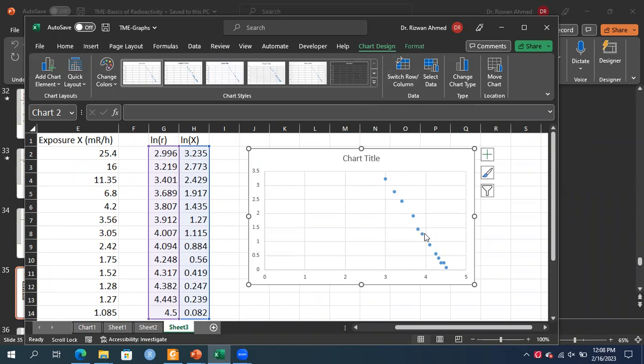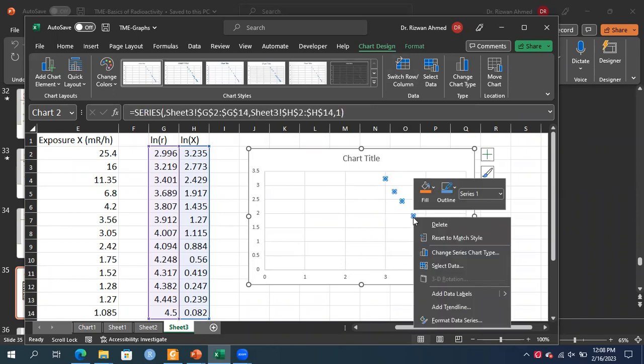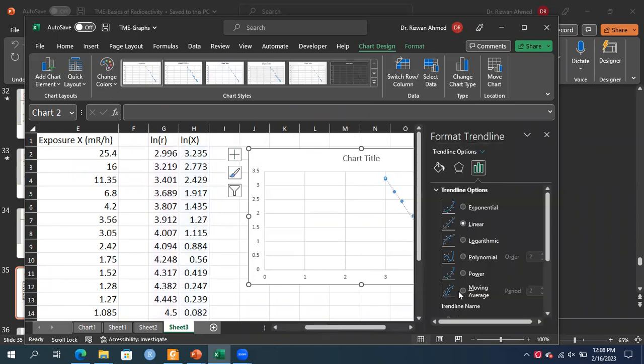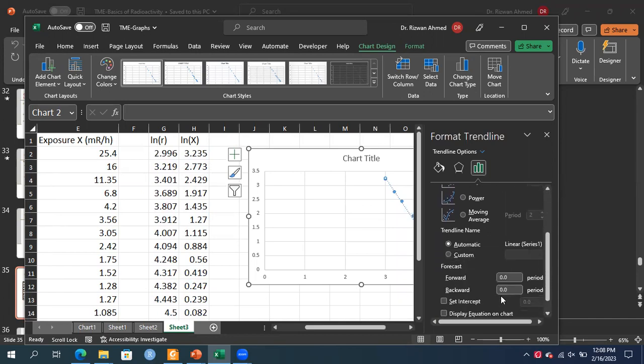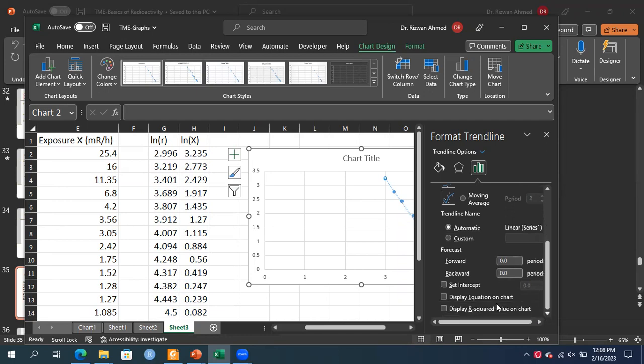For this one, you can do the regression line. You can get the regression line by adding a trend line here. And now the linear line should be selected. And let's request Microsoft Excel to display the equation. This is basically the regression analysis, right?